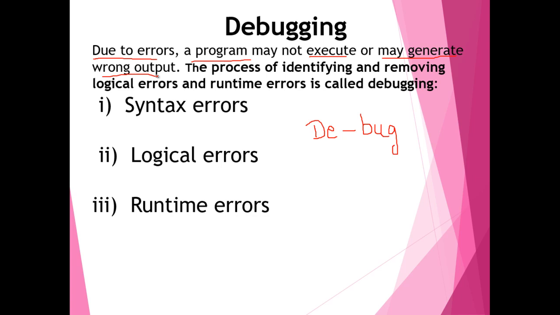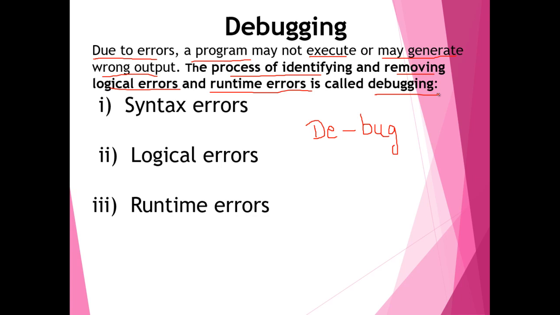So this may be the error. The process of identifying, and after identifying, removing logical errors and runtime errors is basically called debugging. Debugging is the process of identifying the errors as well as removing the errors from the program.